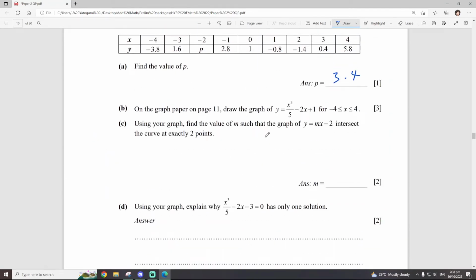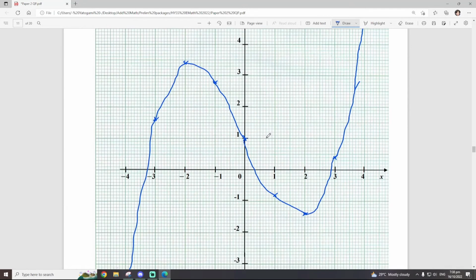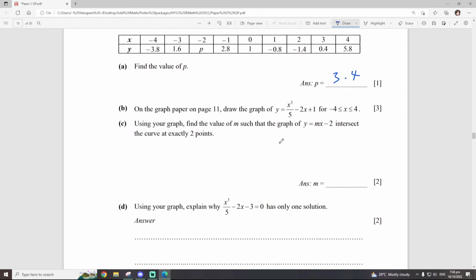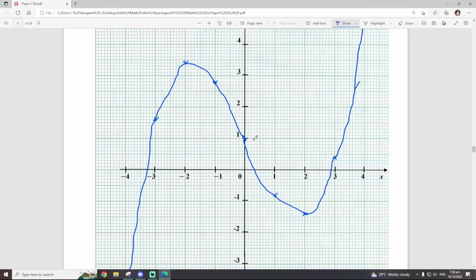Find the value of m, so the graph y = mx minus 2 intersects at exactly 2 points. Okay, so we want this to intersect at exactly 2 points. So how can we do that? We notice that there's actually a fixed point on the line, which is 0, -2. So we fix this point here, and what's going to happen is that we're going to draw the tangent to the curve at this point.